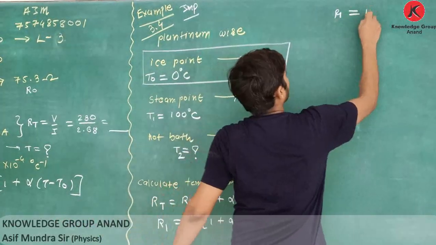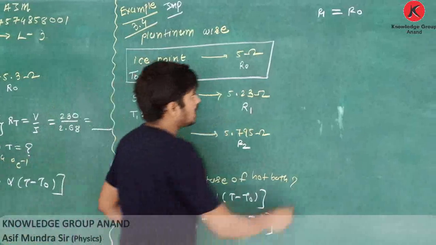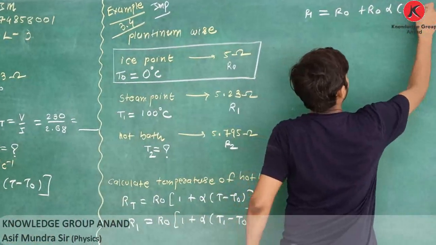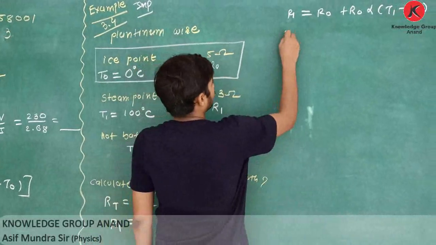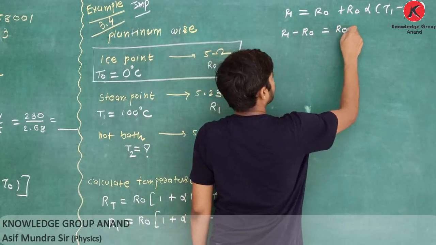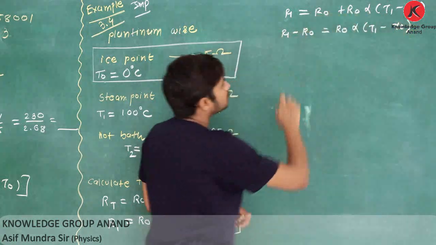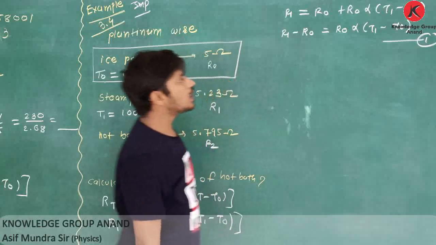R1 is equal to R0. Multiply this R0 with 1, it is R0, plus R0 alpha into T1 minus T0. Clear about this? Now R1 minus R0 is equal to R0 alpha into T1 minus T0. Clear? It is equation number 1.